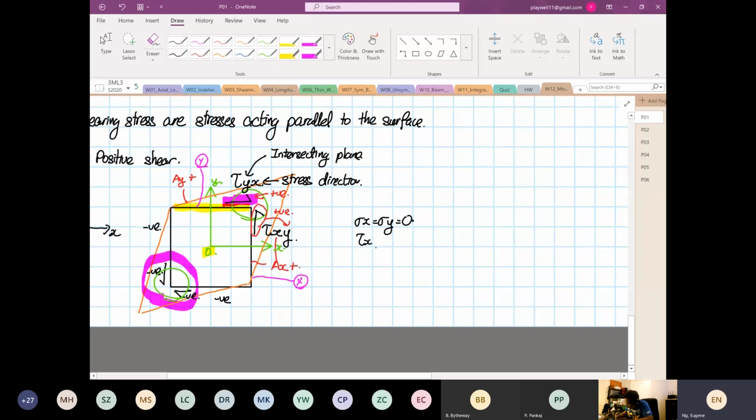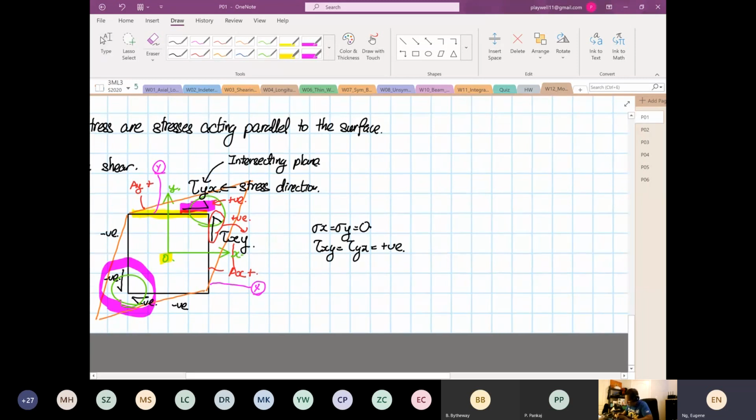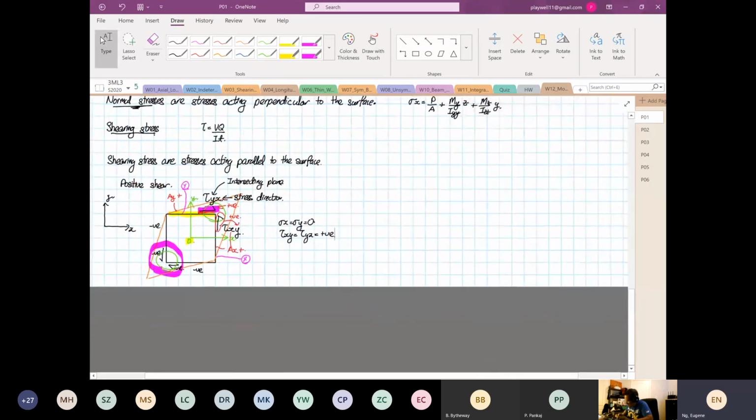Shear XY is equal to shear YX, and it is positive. My advice to you now is, in shear, don't take the positive and negative too seriously. I repeat again, in shear, don't take the positive and negative too seriously. And I will elaborate why.